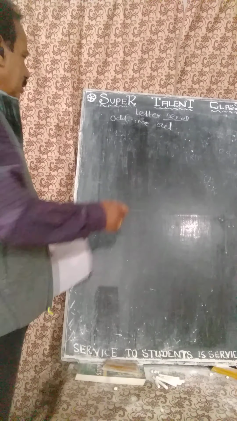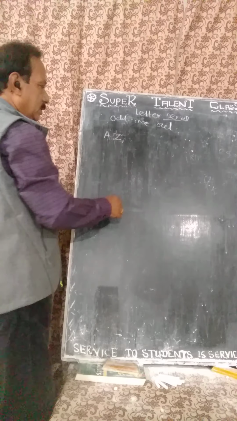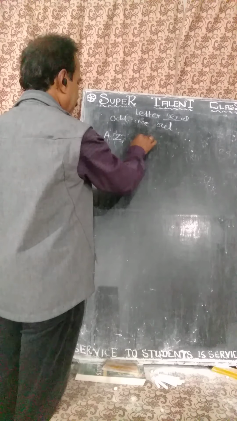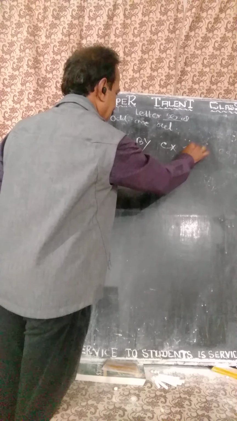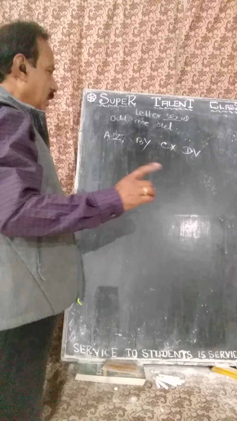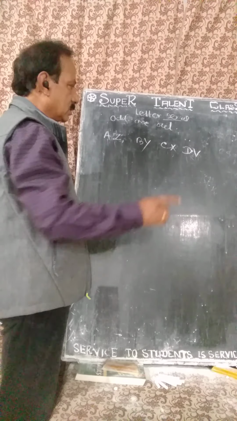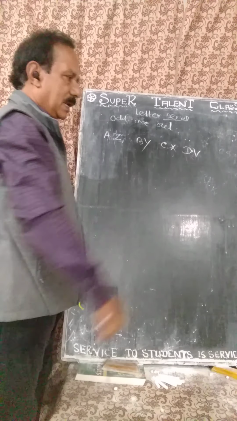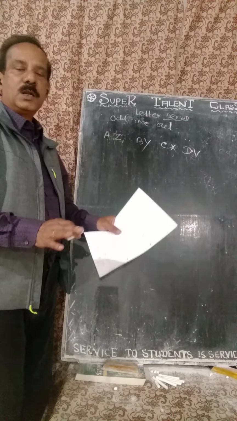Accordingly you see, suppose A, Z, B, Y, C, X, D, V. While I am explaining, I am always keeping the answer options at the last end. It may be in the middle, no problem, but you should find out the clue logic first.